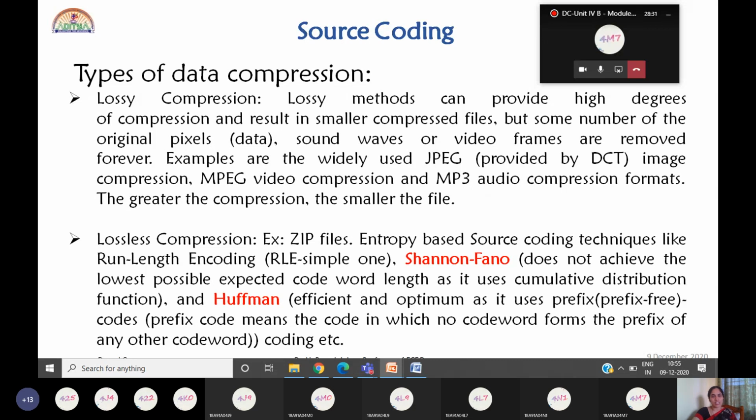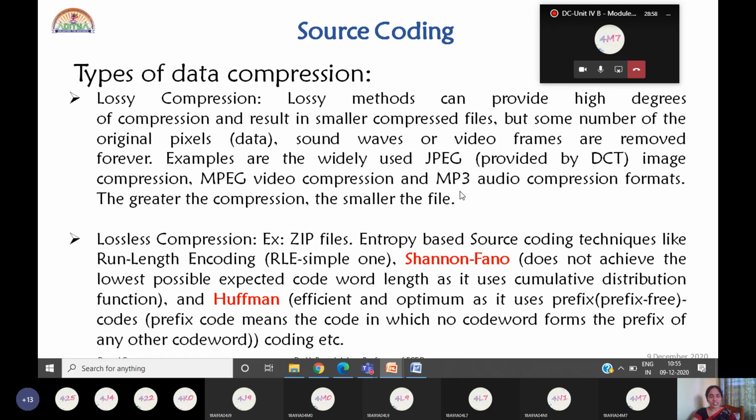The image may get blurred, or the clarity may get lost. Then MPEG video compression, and MP3 audio compression formats. These are all examples of lossy compression techniques. So the greater the compression, the smaller the file will be. But here information will be lost, so efficiency in reproducing the signal gets disturbed.